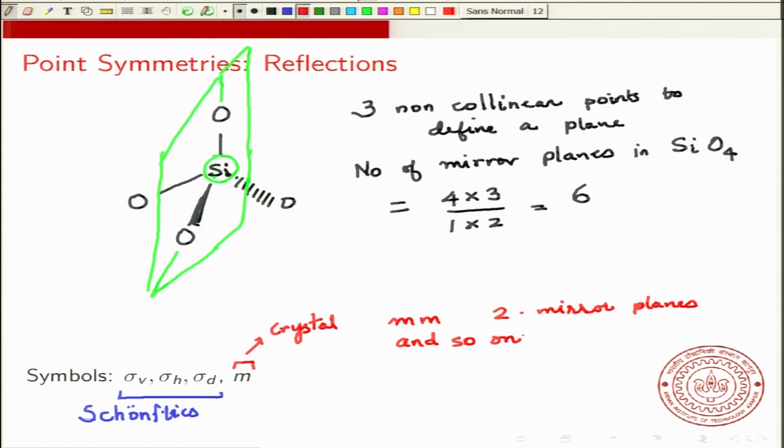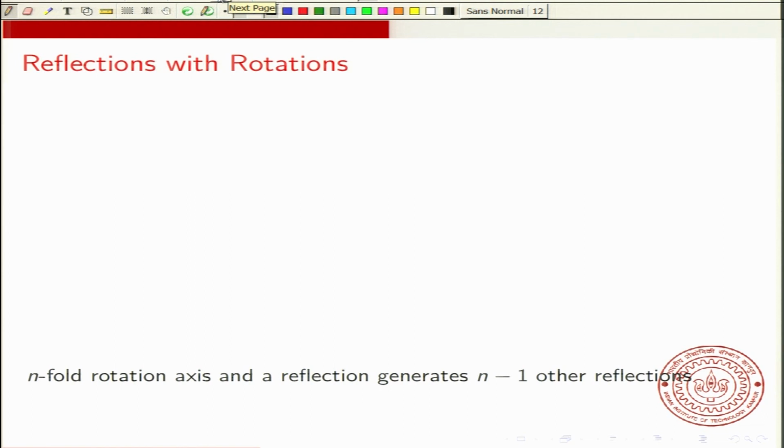You can have these mirror planes in any crystal, and now let us look in a little more detail at the mirror plane.